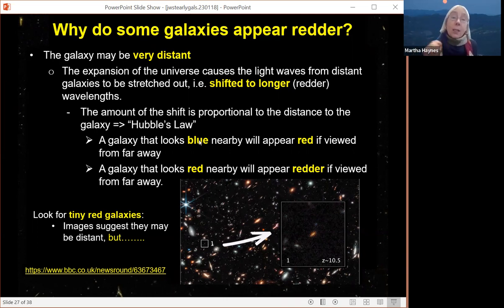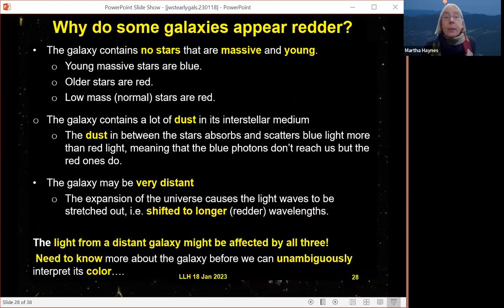So if we want to find distant galaxies, what we want to do is look at these tiny red galaxies that you see in the image. The images suggest that this galaxy might be distant, but we have to prove that it's distant because it's complicated. You also have the dust problem. So some galaxies appear redder than others because it depends on whether they have young massive stars, it depends on how much dust they have, and it depends on how far away they are.